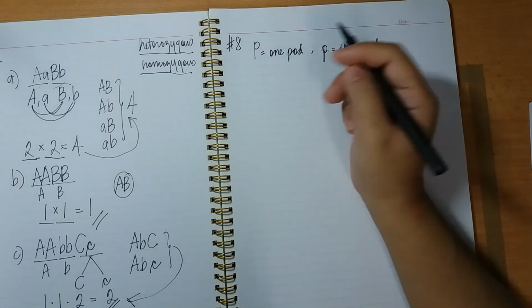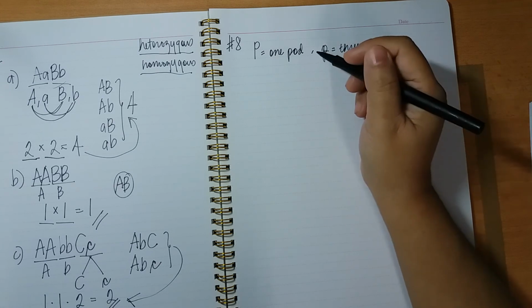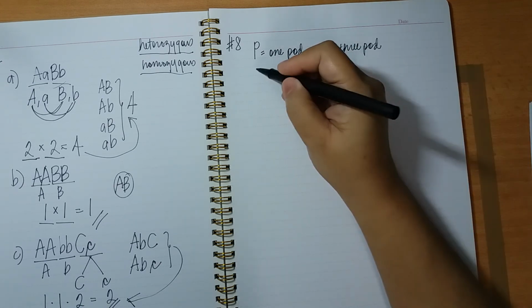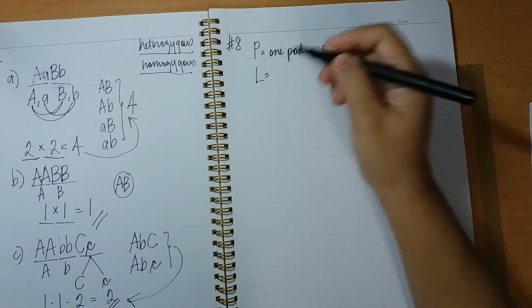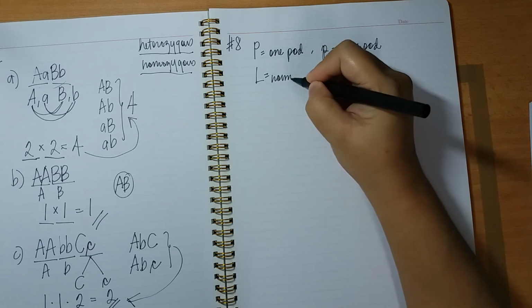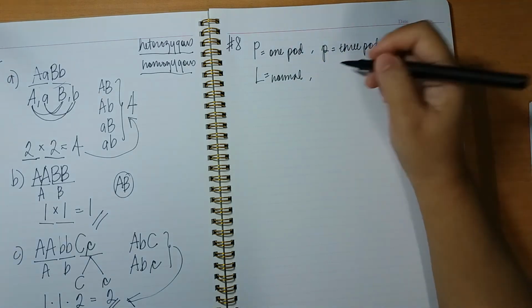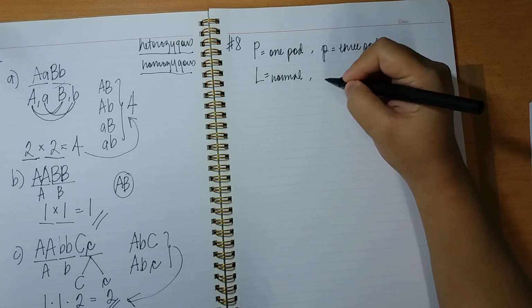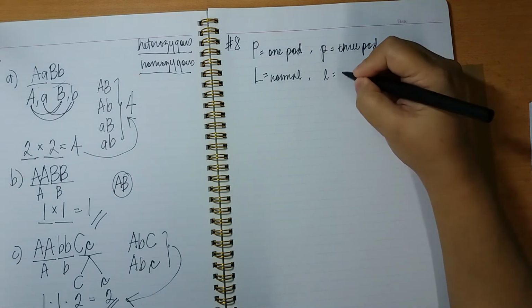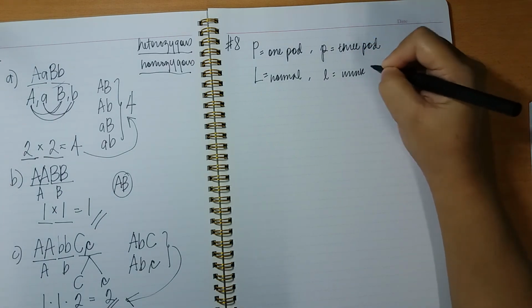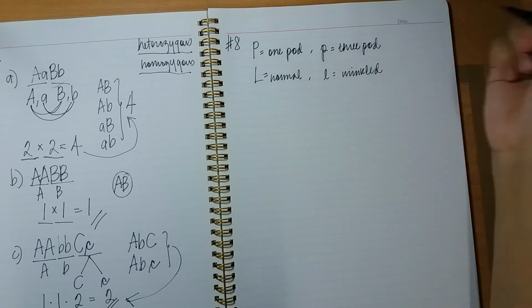Okay, so, yung pangalawang gene naman ay yung appearance ng leaf. Okay? So, the normal leaf is big L. Ibig sabihin ng normal, ano? And then, small l is wrinkled. Okay.